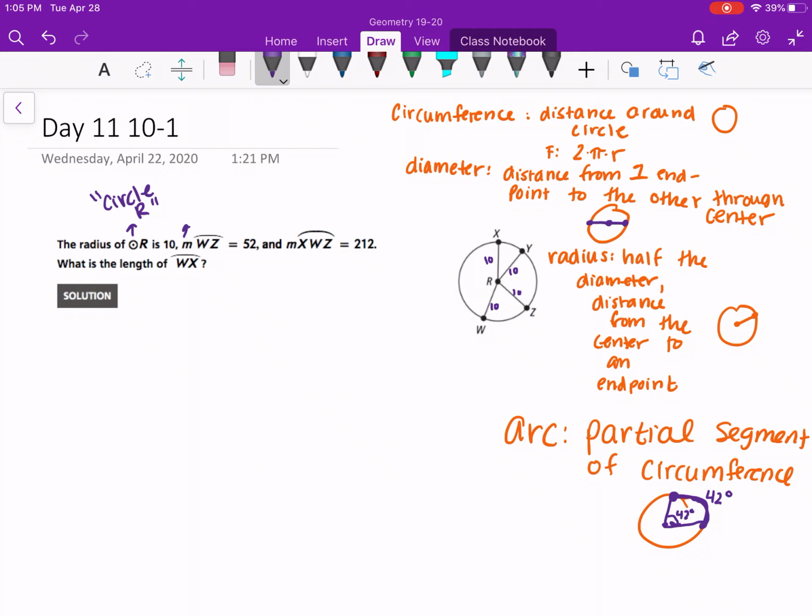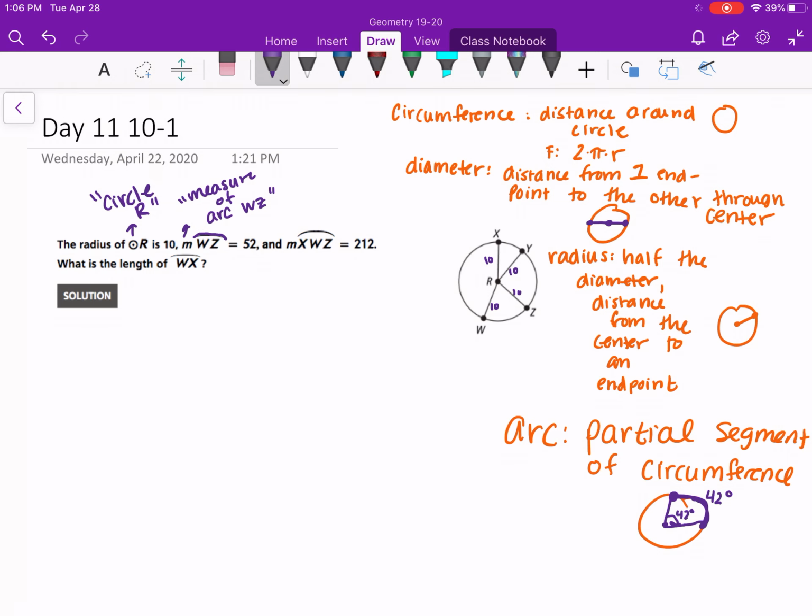This right here, the little arc above symbol, means the word arc. The measure of arc WZ is 52, and the measure of arc XWZ is 212.